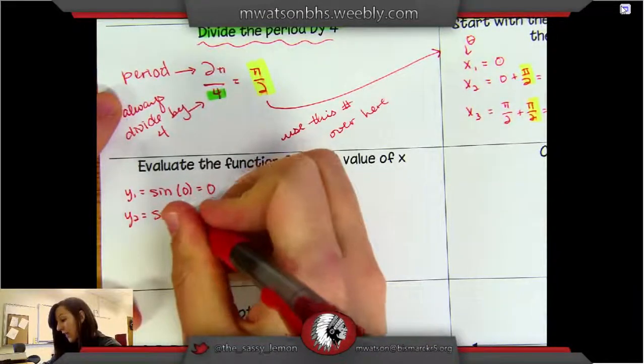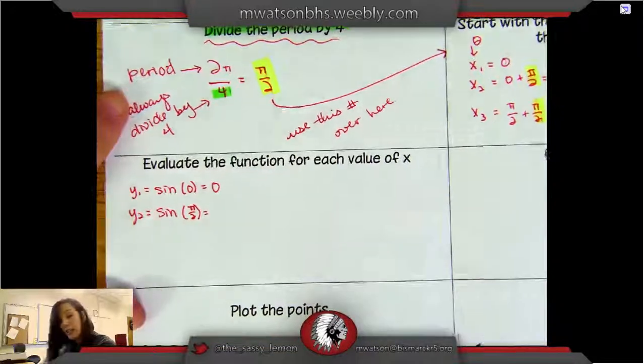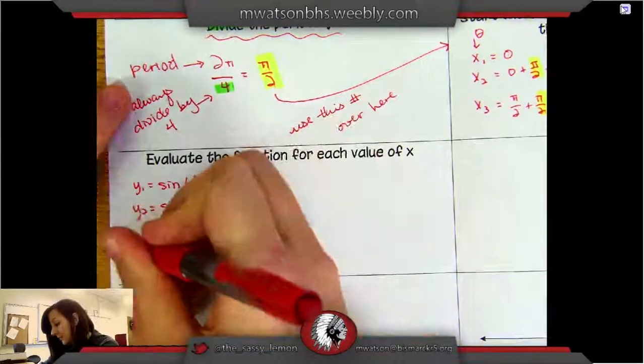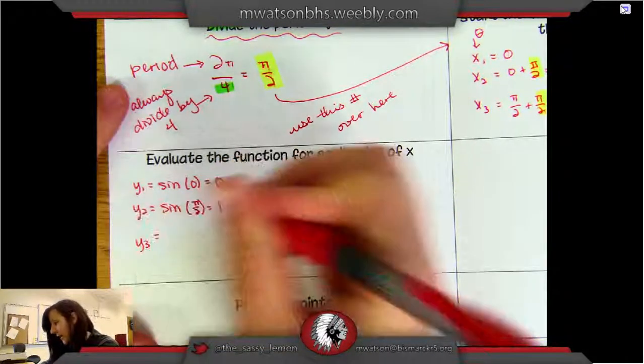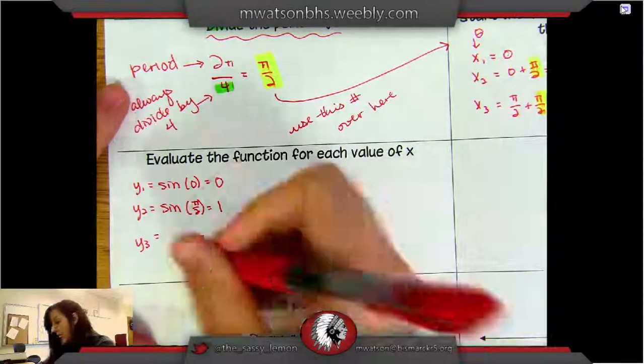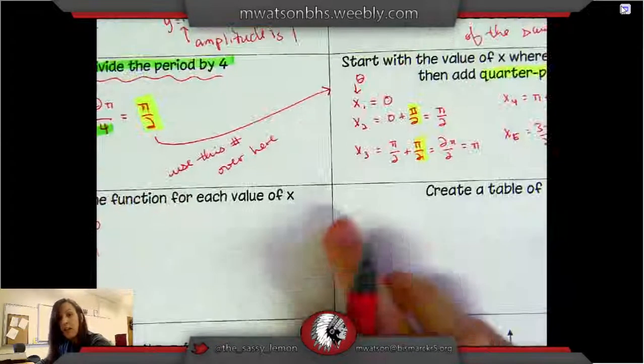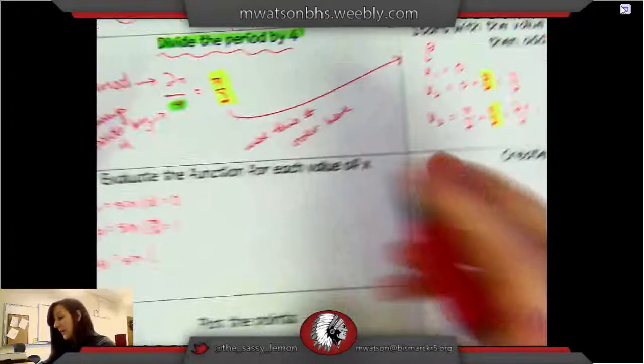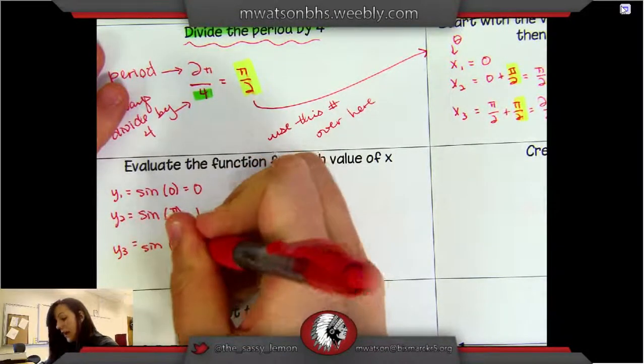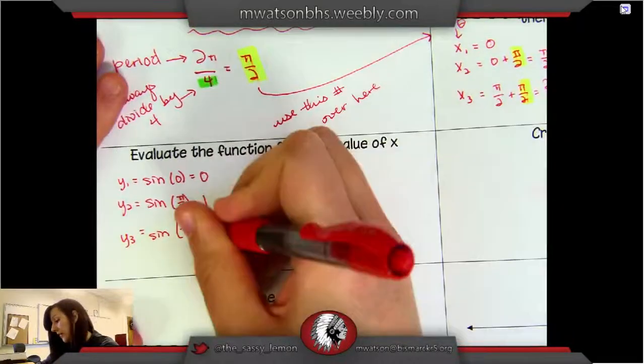Sine of pi over 2 is 1. For y sub 3, we do sine of x sub 3, which was pi. Sine of pi, if you remember, is 0.